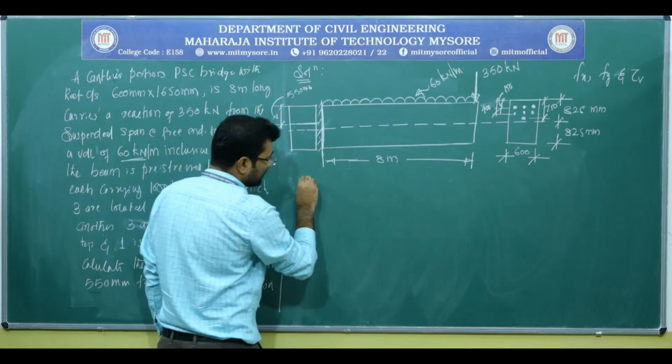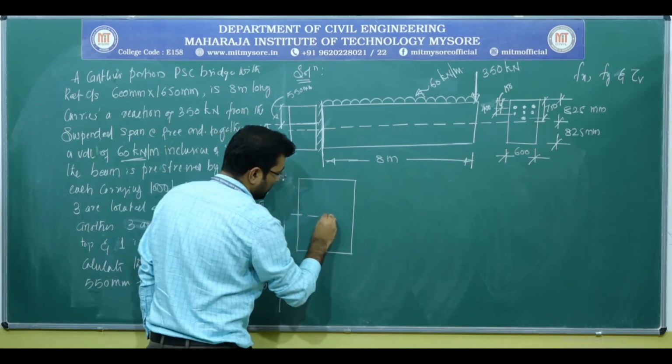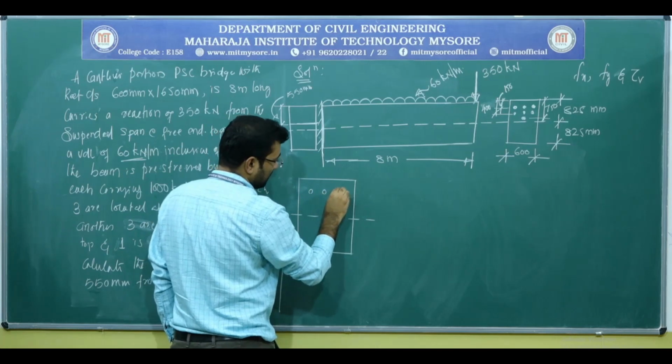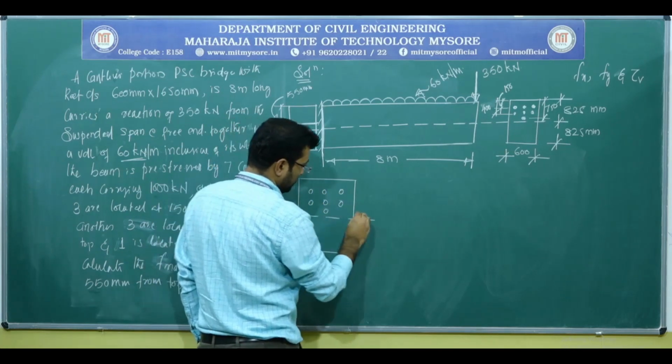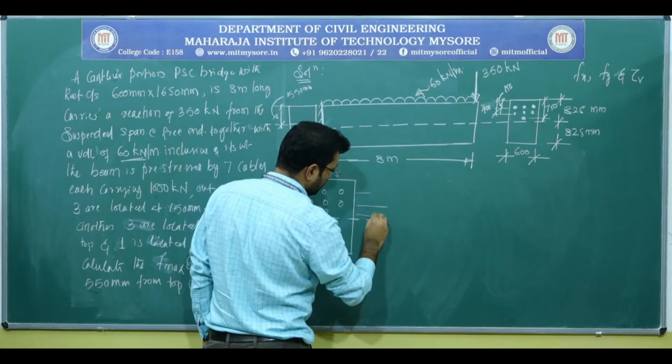See here. We have the pre-stressing beam, let us say something like this. 1 cable, 2 cable, 3 cable, 4, 5, 6 and this. Okay. So these distances are different.